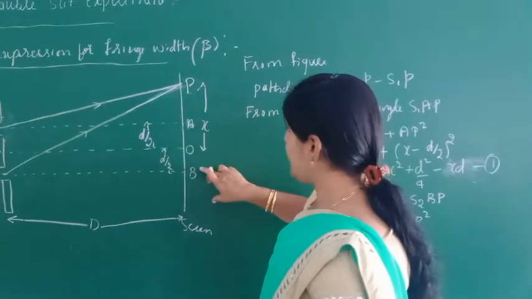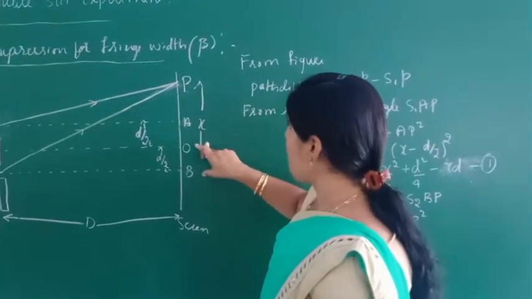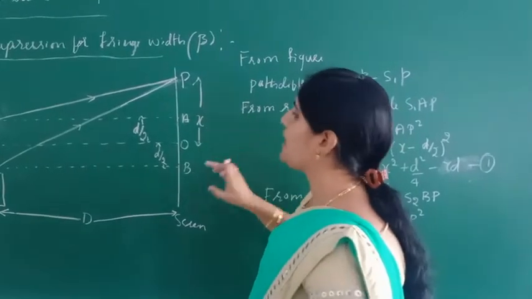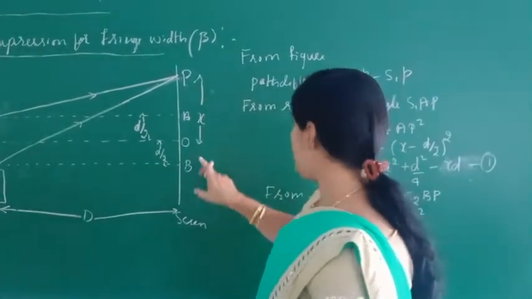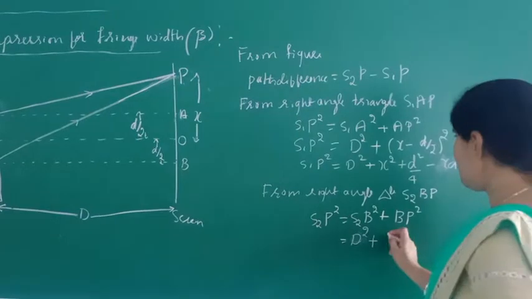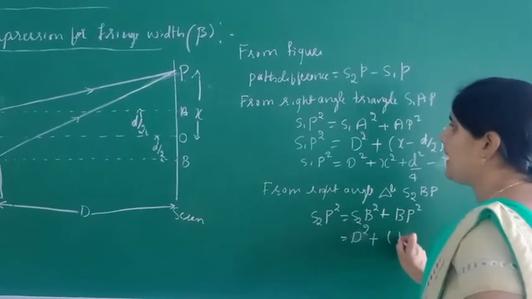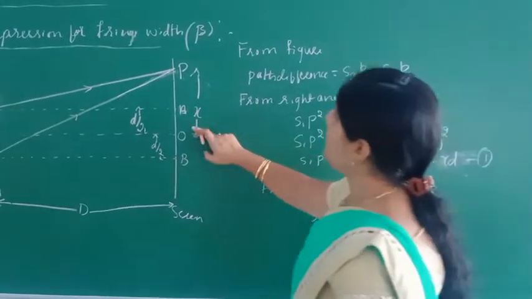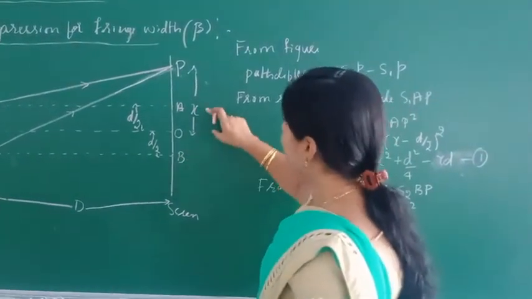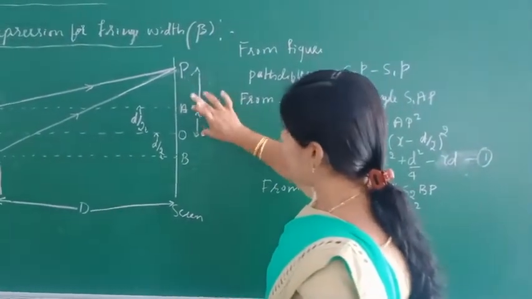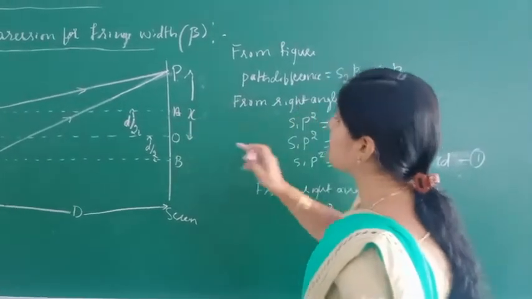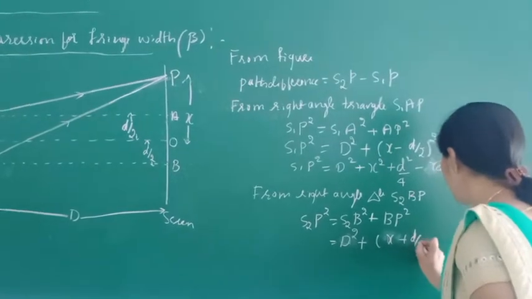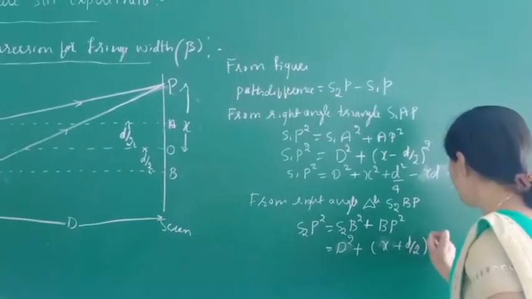BP is BO plus OP, or PO plus BO. PO is nothing but X, BO is nothing but D by 2, so X plus D by 2 whole square.